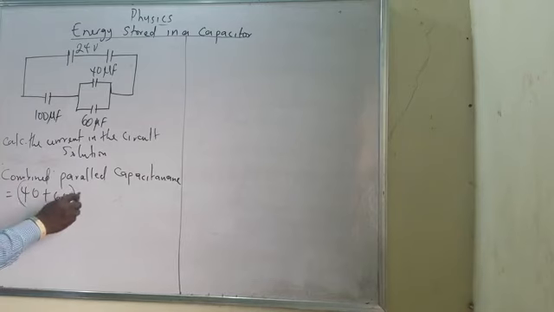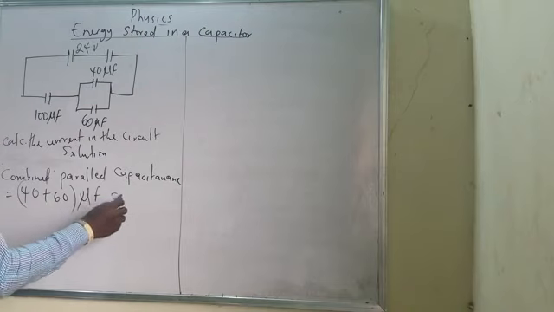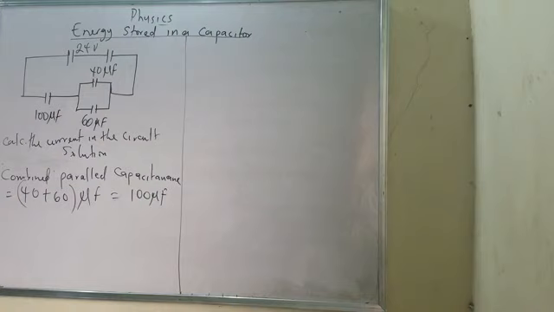Don't forget the millifarad, which I'll be having 100 millifarad. Now, since I have it this way, this will now be in terms of series. And I've told you the series in form of this.